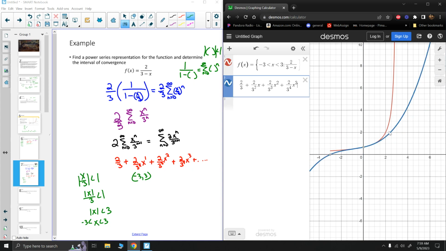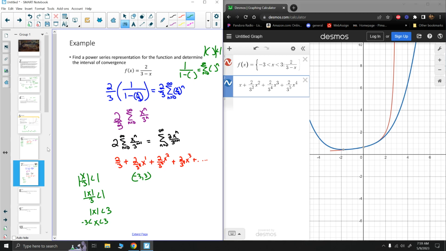And we can see that this is getting better and better, but it's going to take a little bit longer to get there than some of the others because essentially it's being divided by 3, so it needs a little bit more to start to get there. But we can at least believe, hopefully, that this thing does look like it's starting to approach our function.